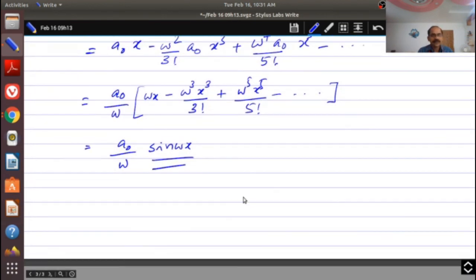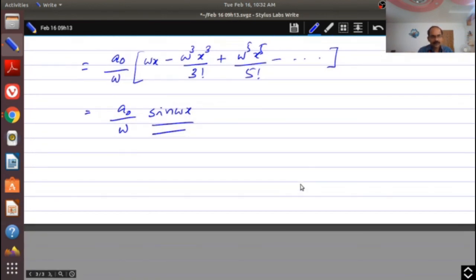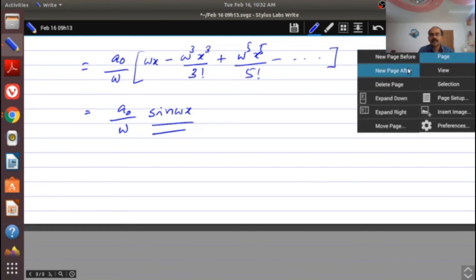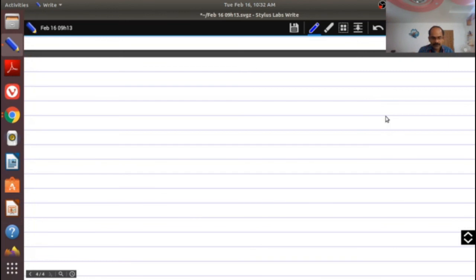Let me add a page and quickly go over the method. At first, we use a power series for this.